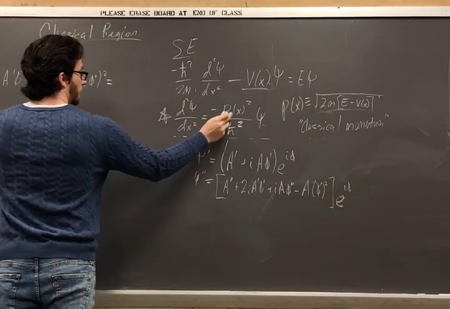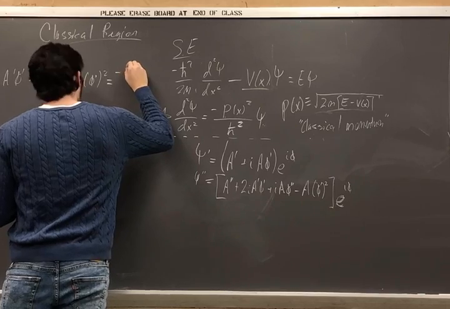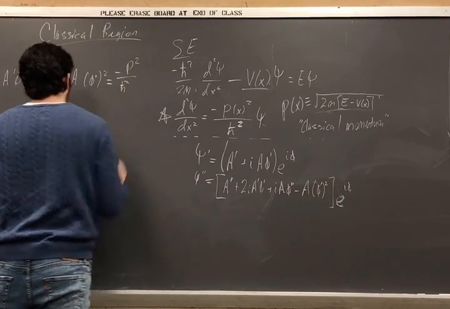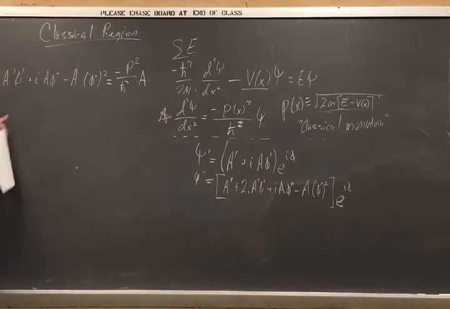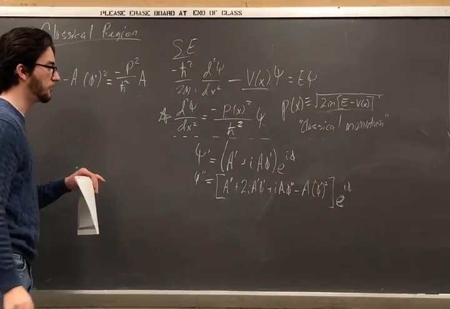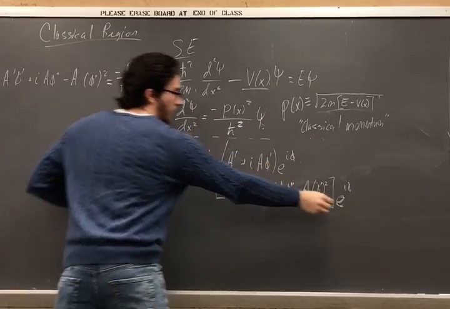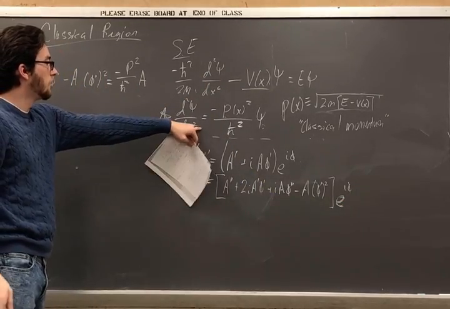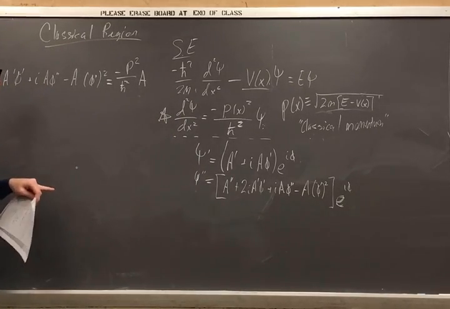Now let's plug in the other side. It's going to be negative p squared over h bar squared. And we also have this a out here, right? So what I did here is I just divided both sides by this e to the i phi, because we had an e to the i phi here with our first ansatz, and then we still had an e to the i phi on this side with our second derivative that we solved earlier.